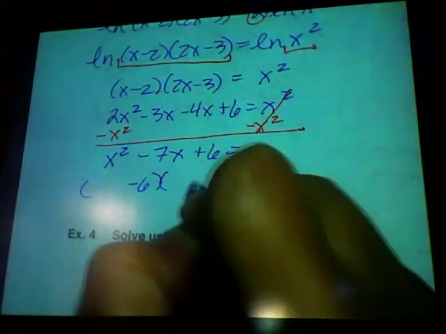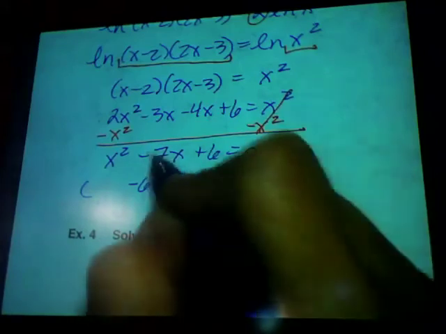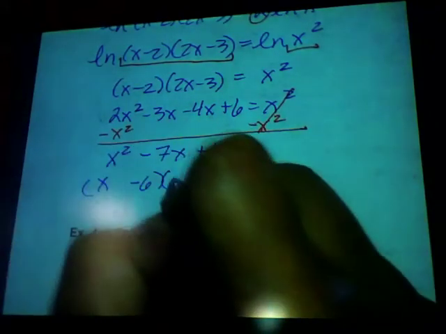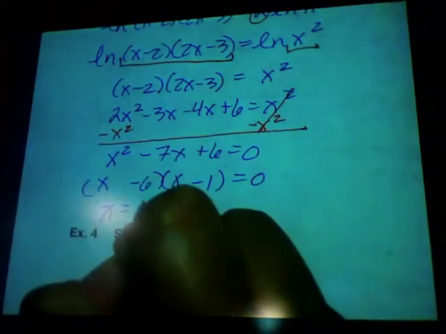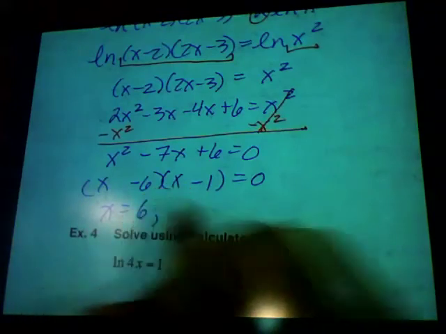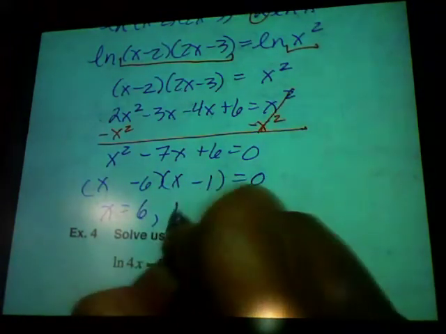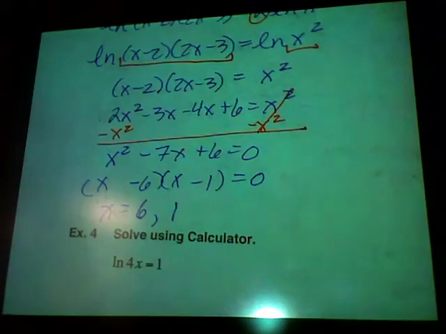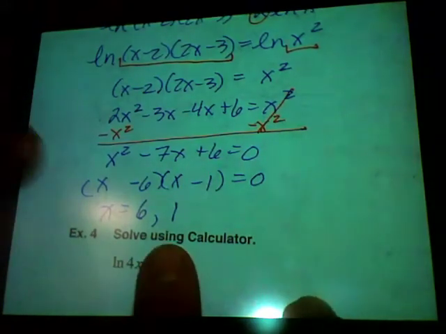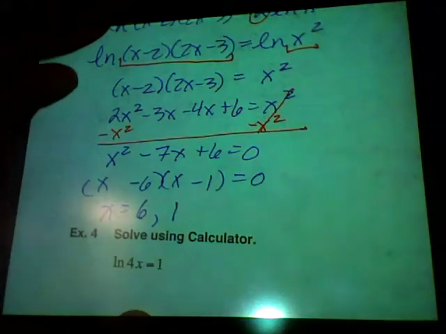Yep, they both have to be negative to make that a positive and that a negative, and then x and x. So what does x equal here? 6 and here? Positive 6 and positive 1. Thank you. Now, I need you to go back to the original equation and you need to plug them in up here.